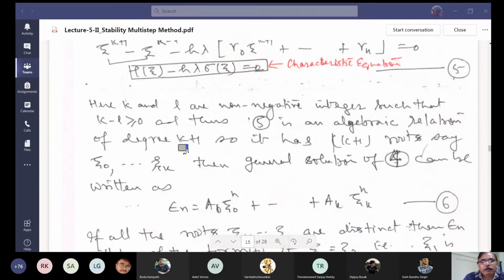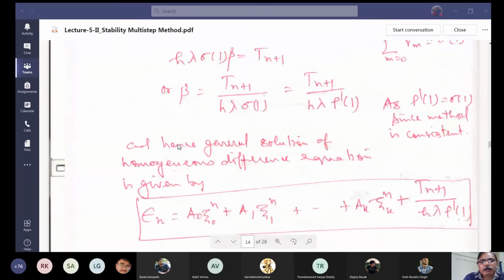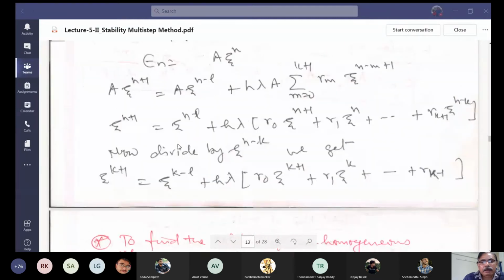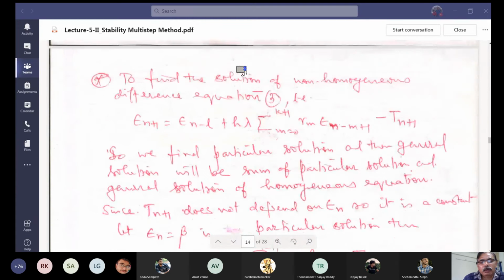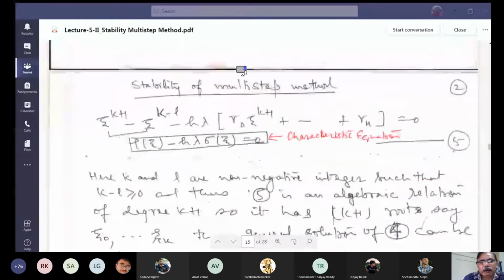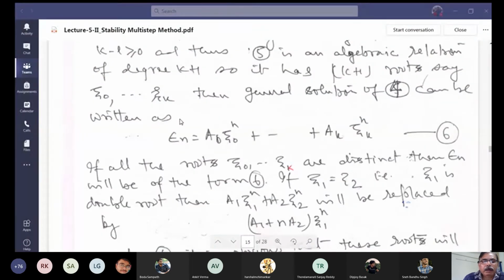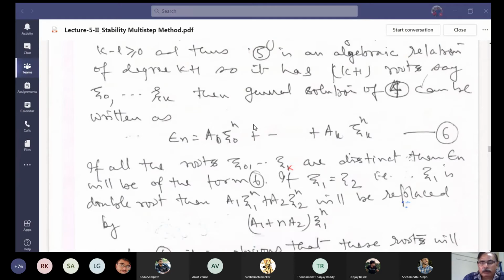And we have started with epsilon n as xi to power n. So the solution of this characteristic equation will be epsilon n equal to a naught, some constant, xi naught to power n, and next one will be a1, another constant, xi1 to power n, and so on, ak xi k to power n. Is that clear?